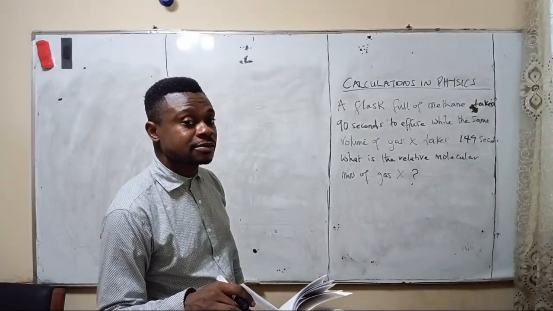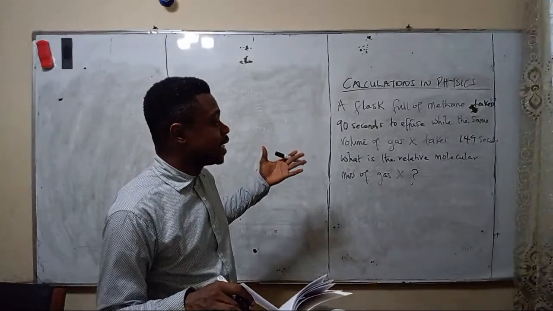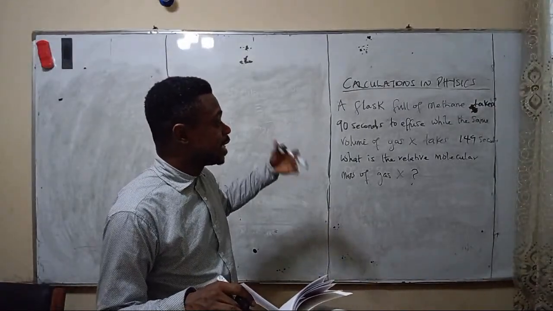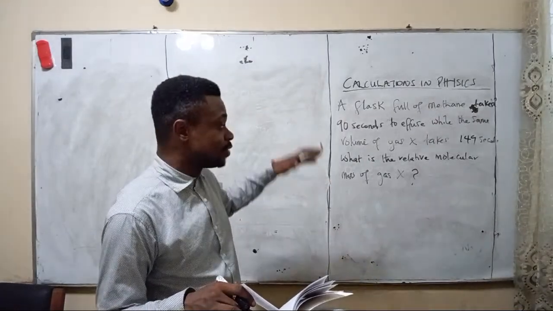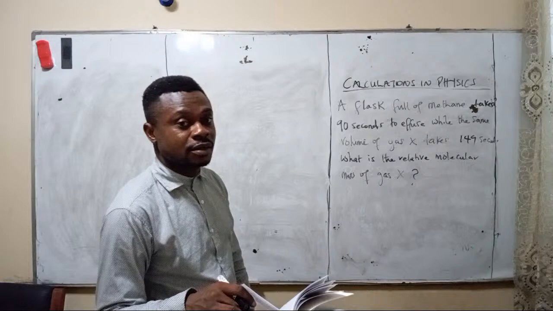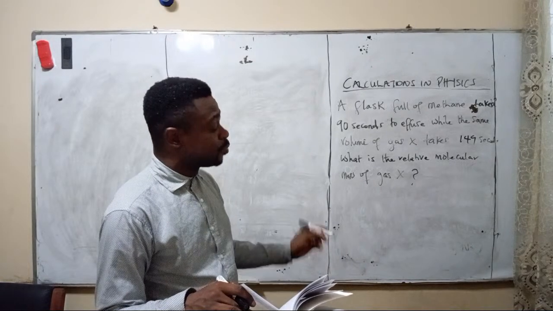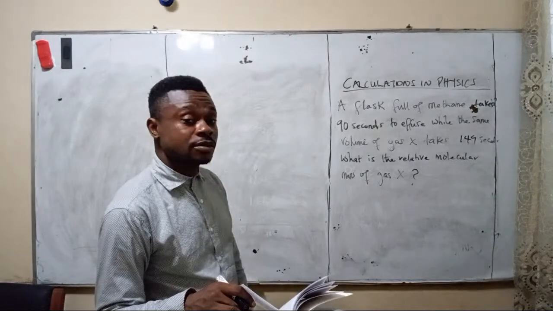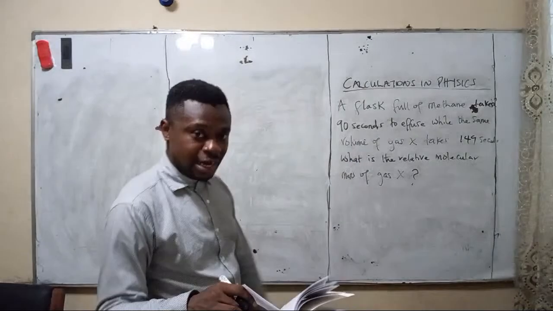So the larger the relative molecular mass of a gas, the lower the rate of diffusion will be, but by a square root.